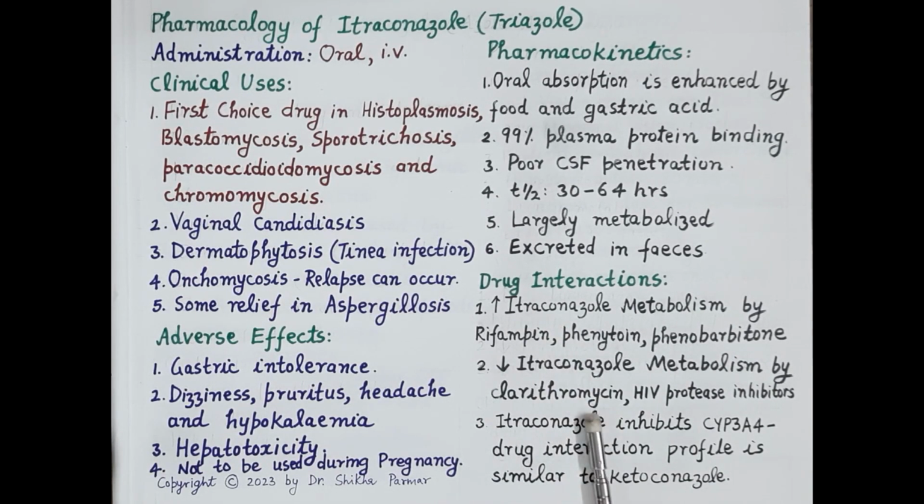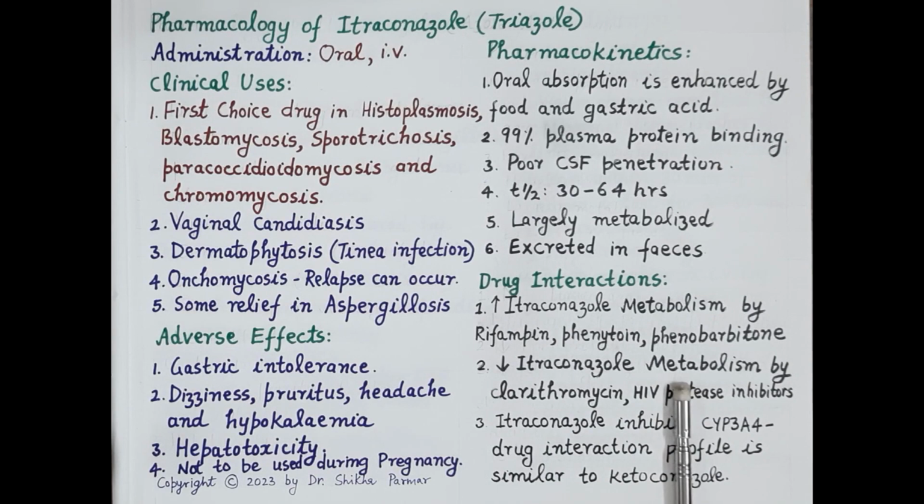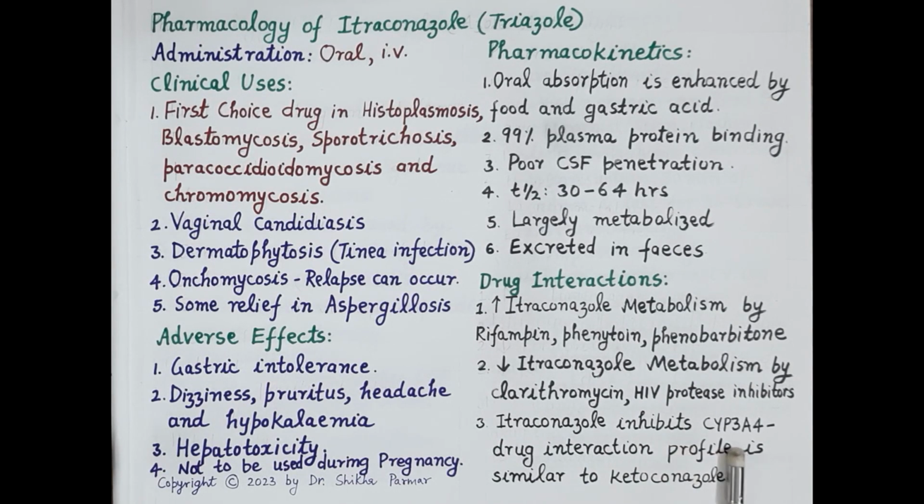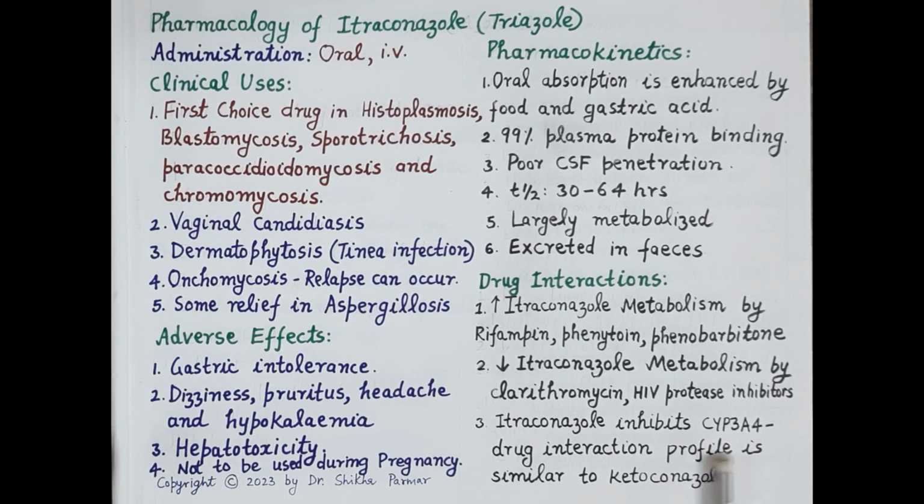On the other hand, drugs like clarithromycin and HIV protease inhibitors inhibit metabolism of itraconazole, and thereby they increase the plasma concentration of itraconazole. Now in addition to this, like fluconazole, itraconazole inhibits the cytochrome P3A4 enzyme, and its drug interaction profile is similar to that of ketoconazole.